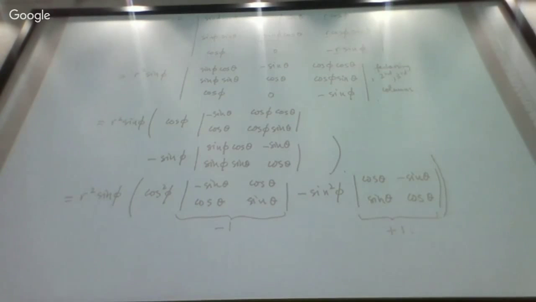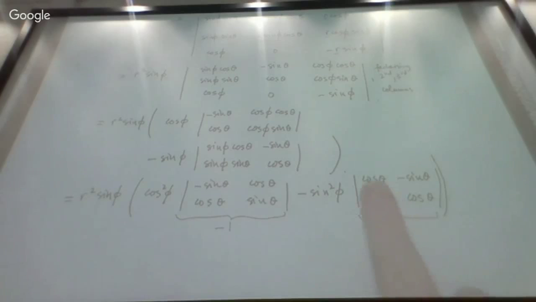In this bottom left 2x2 determinant, you'll get minus sine squared theta minus cosine squared theta. So sine squared theta plus cosine squared theta is 1. So if you minus them both, you get minus 1.